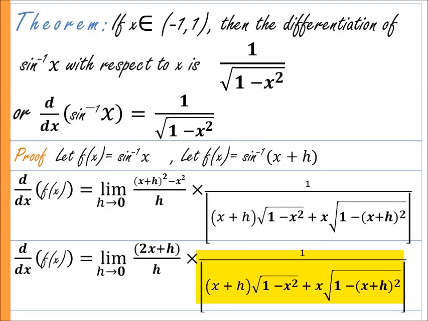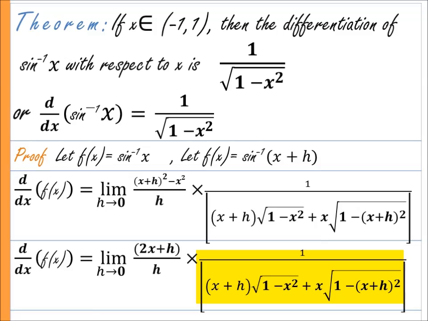And the second expression: when h approaches 0, x plus h will be equal to x, and similarly, square root of 1 minus x plus h whole square will be equal to square root of 1 minus x square.